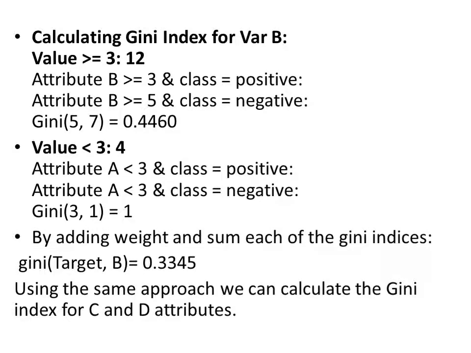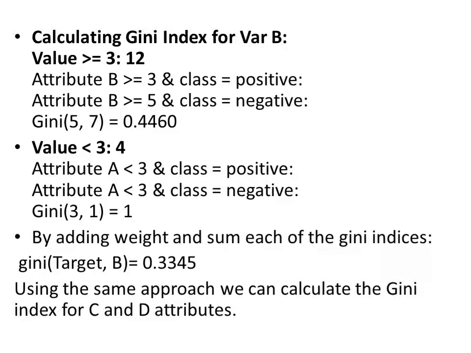Now calculating Gini index for variable B. Similarly, for variable B, the Gini index is calculated. So Gini of the group greater than or equal to 3 is 0.4460. For the group less than 3, the Gini value is also calculated, which is 1.